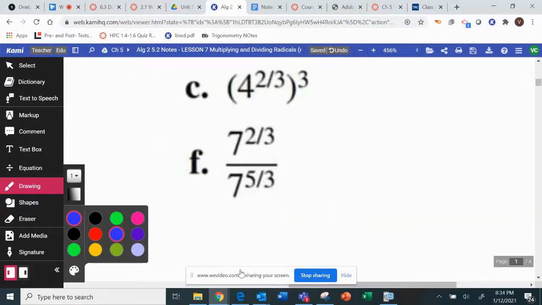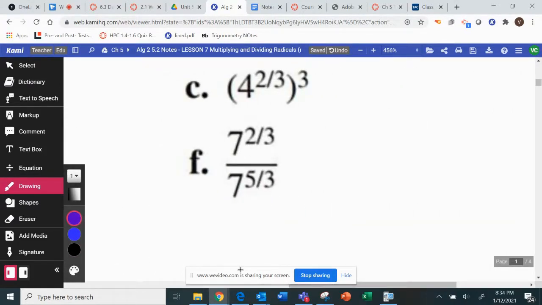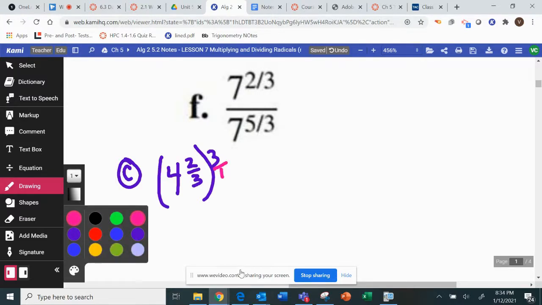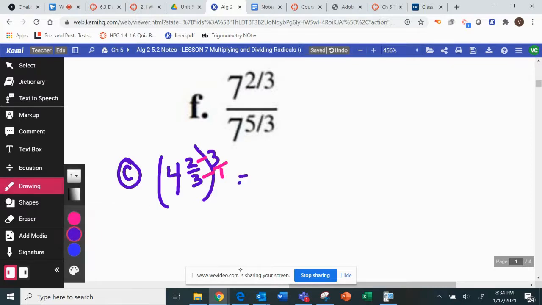All right, and question C. Got 4 to the 2/3 and then to the 3rd power. So here I've got a power of a power, and we are going to multiply those exponents, and you multiply fractions straight across. So we get 4 to the 6/3, which is 4 to the 2nd, which is 16.